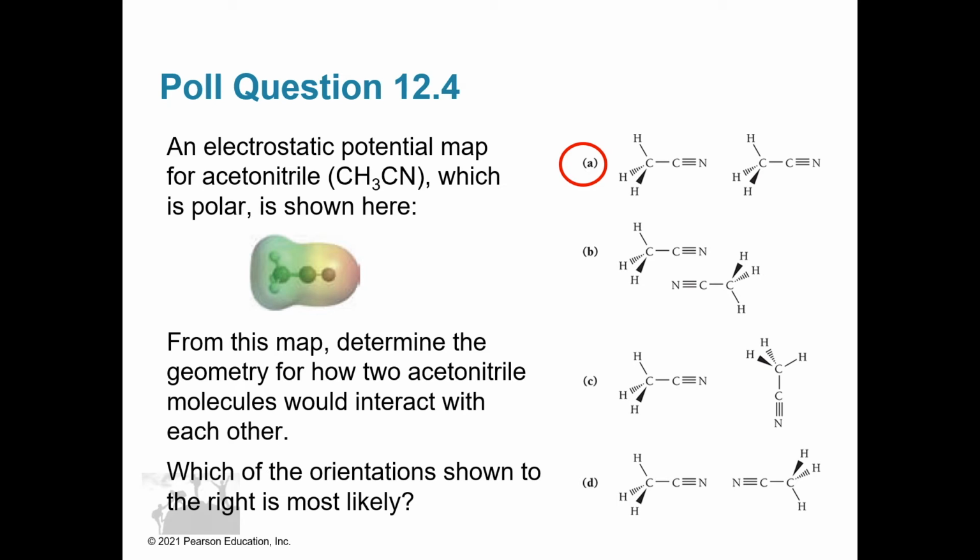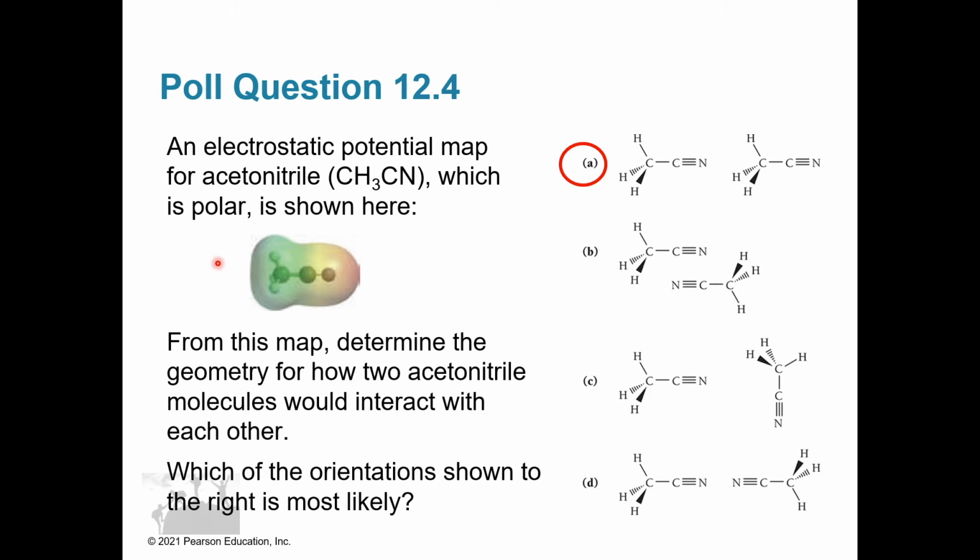Okay, so we know that nitrogen is the most electronegative atom in this molecule here. So nitrogen is over here on the right-hand side. We could also tell because on this end, it's a little bit more red than the rest of the molecule. So this ball right here is nitrogen. Because nitrogen is the most electronegative atom, this end is more negative.